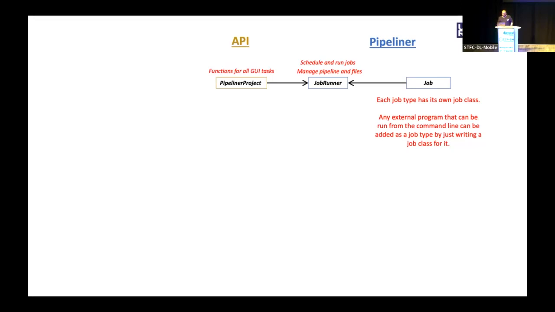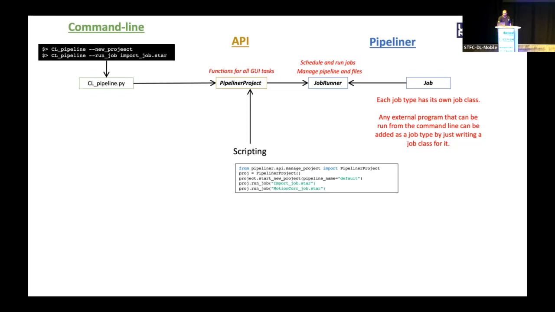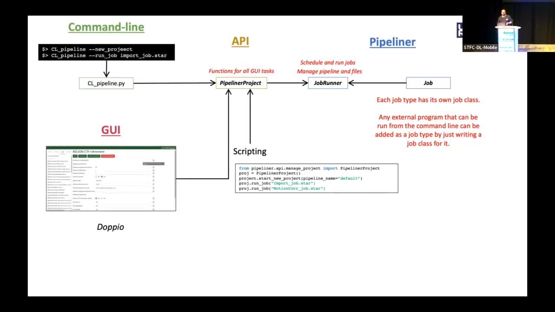In the API, all of those tasks are bundled into a single function called run job. This gives people the ability to script the pipeliner and make complicated workflows using Python, or through a command line interface with a program called CL Pipeline. And finally, the pipeliner is accessible through a new GUI we're working on called Doppio, which I'm going to talk about next.